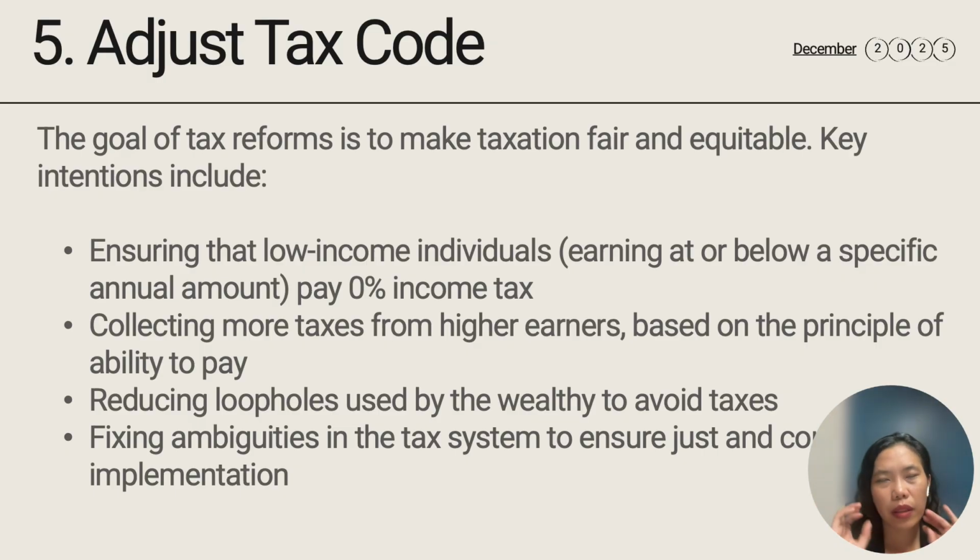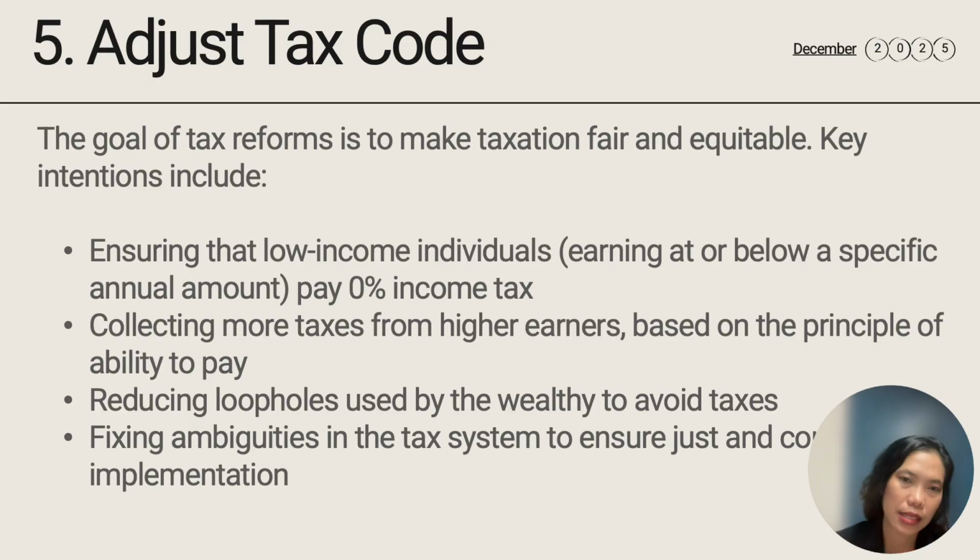But the higher the income, the higher the tax. So collecting more taxes from higher earners based on the principle of ability to pay, reducing loopholes used by the wealthy to avoid taxes. So of course, those who are tax evaders are being penalized.